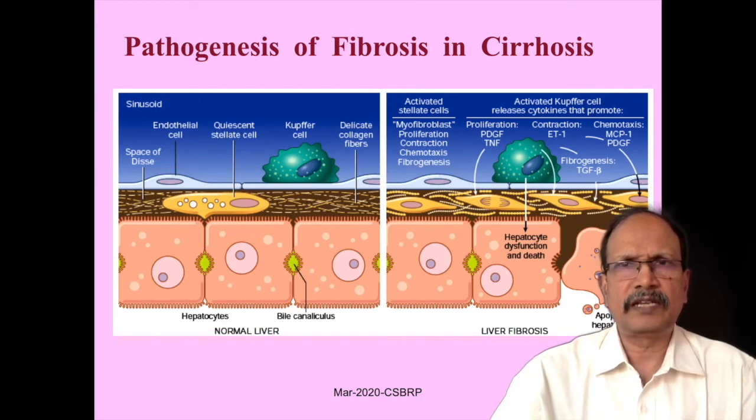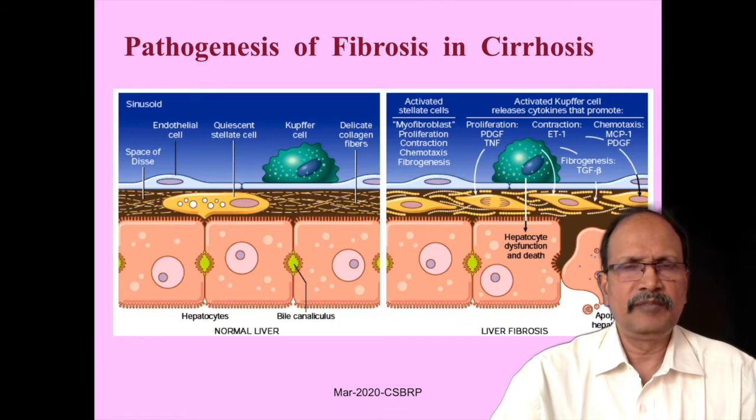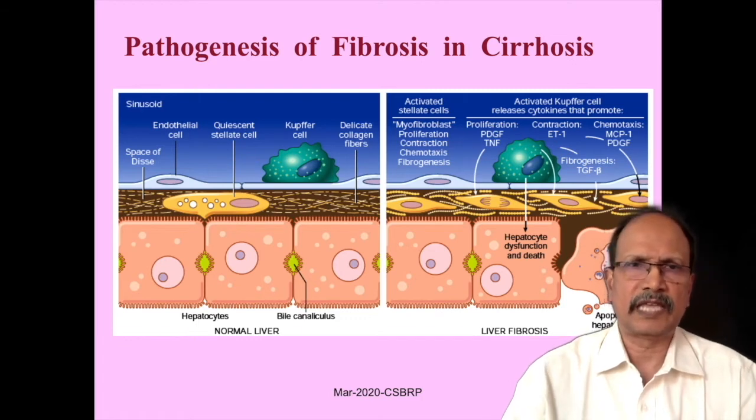So this slide represents the normal histological appearance of the liver on the left side, and the liver in the case of cirrhosis. If you look at this normal histology, the blue area represents the sinusoidal lumen, and towards the lumen you find flat cells known as endothelial cells. In between the endothelial cells, there is a Kupffer cell, represented by the green cell.